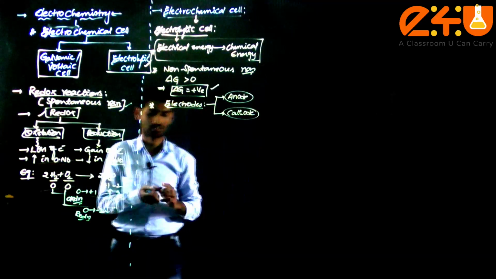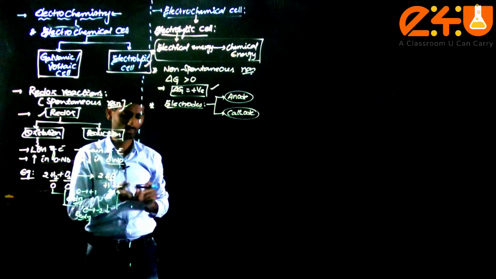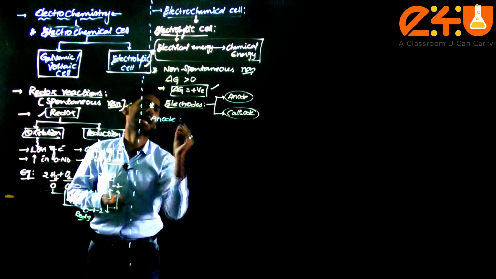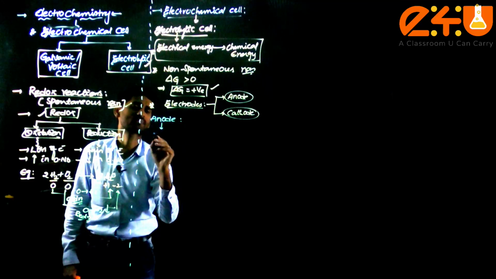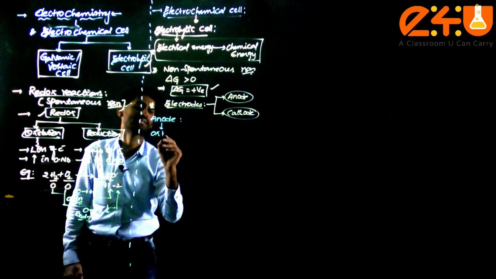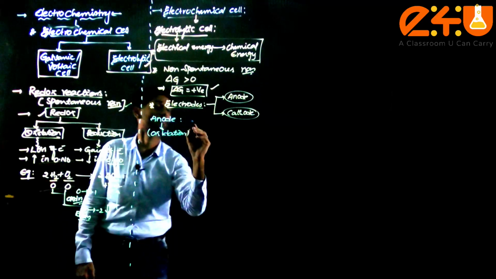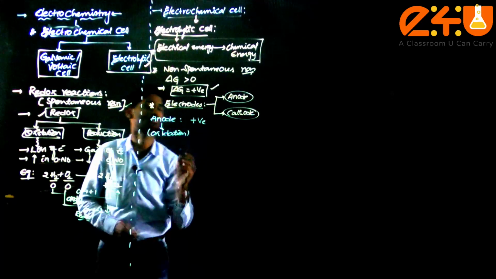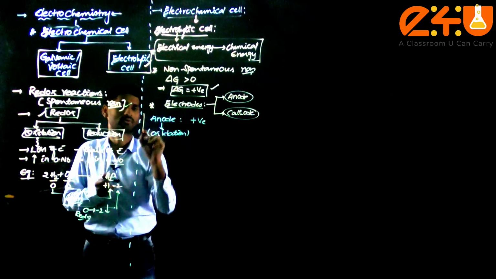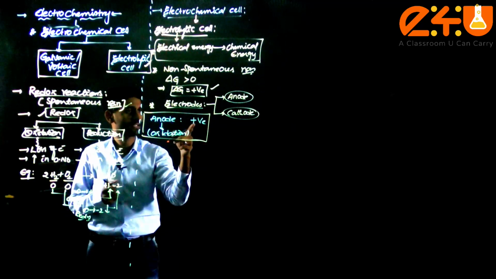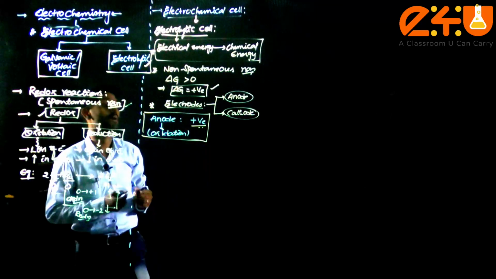Now representation: how do we represent the anode? At the anode, oxidation always takes place, and its representation becomes positive. Very, very important. Don't get confused: anode, oxidation takes place, its representation is positive.